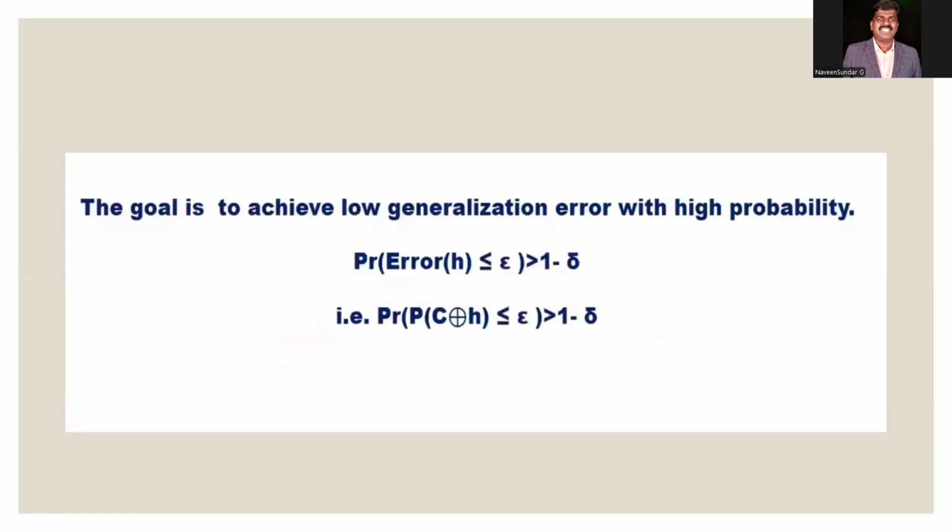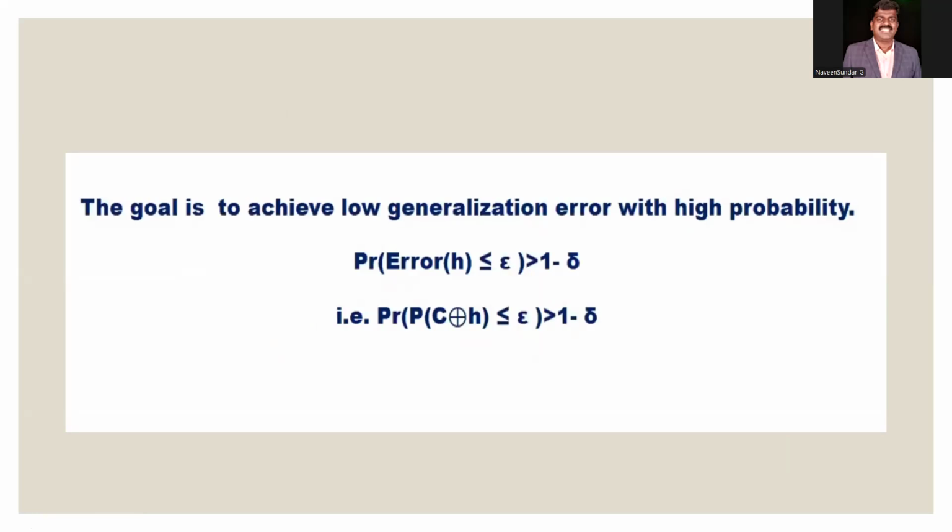The goal is to achieve low generalization error with high probability, which we can write as: probability of error of H is less than epsilon, with probability greater than 1 minus delta.